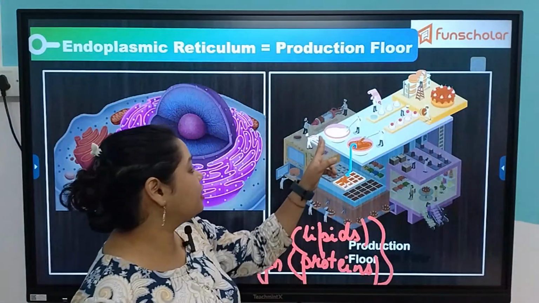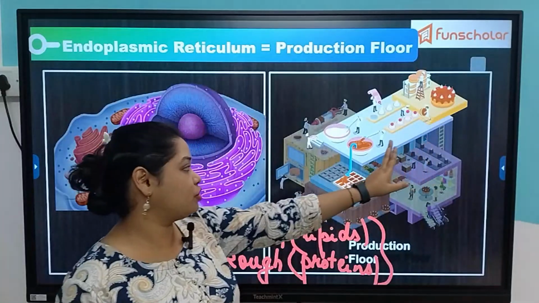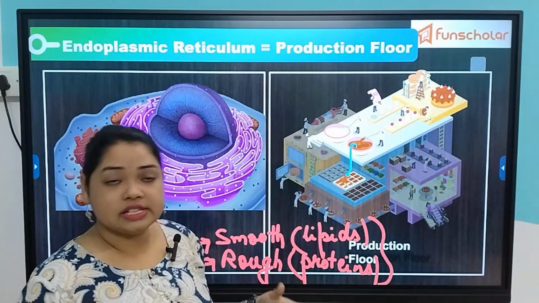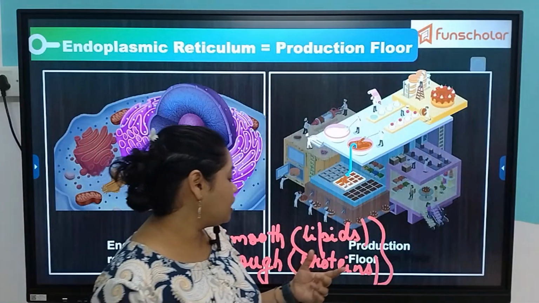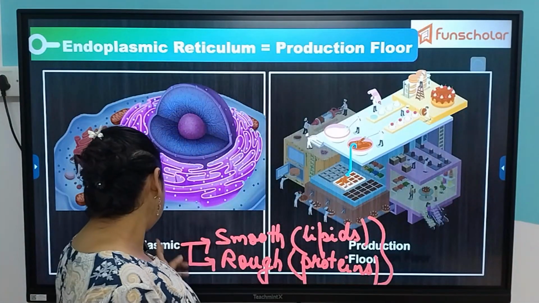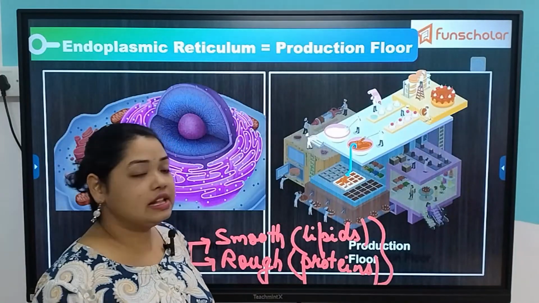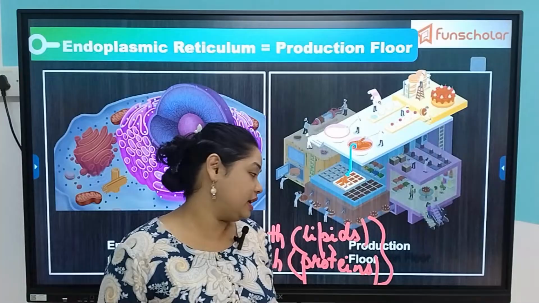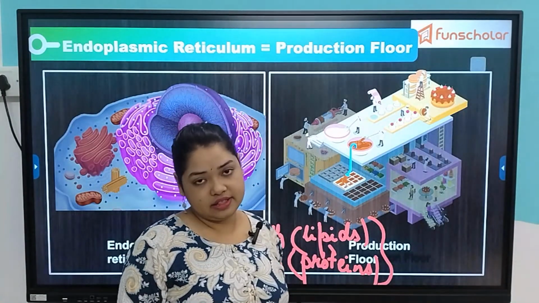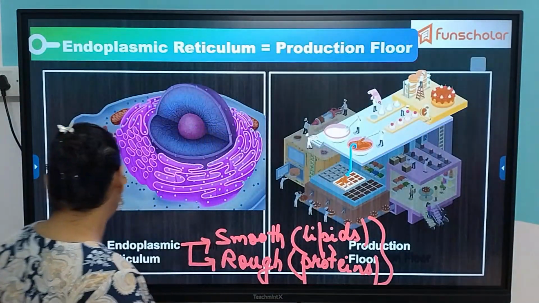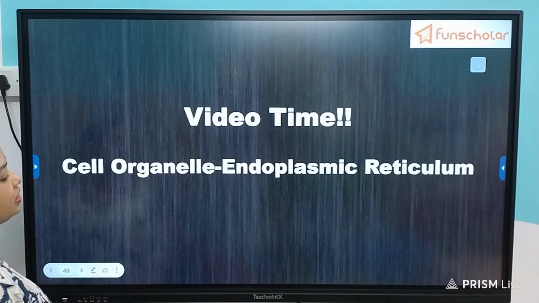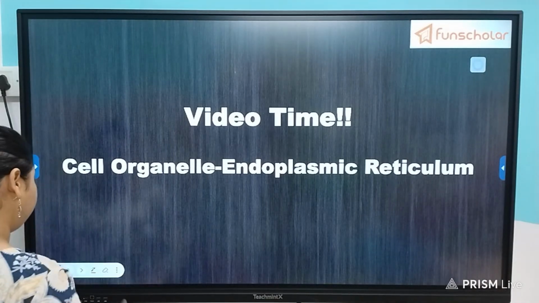Because just like the production floor of the chocolate factory on which all the activities are going on, similarly the endoplasmic reticulum helps to produce these two vital components of the cell membrane, that is the lipids and the proteins. Now we will understand about the endoplasmic reticulum with the help of this video.